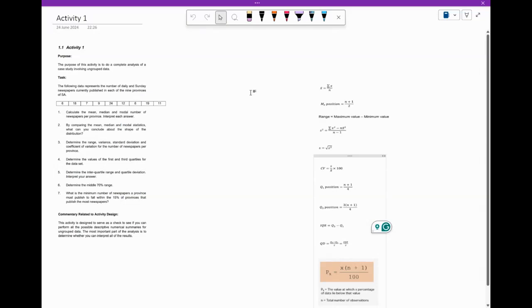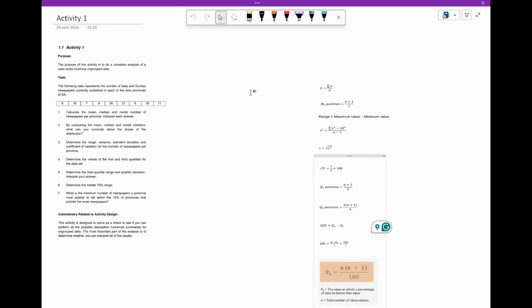Right? So, activity one, it says the purpose of this activity is to do a complete analysis of a case study involving ungrouped data. Then there you've got the task.